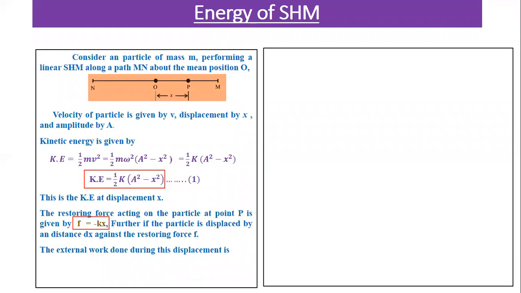Work done is force into displacement, so dW is equal to minus F into dx. As F is already minus, minus minus gives plus, so we get kx dx.